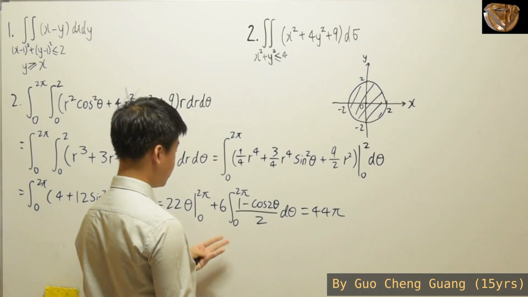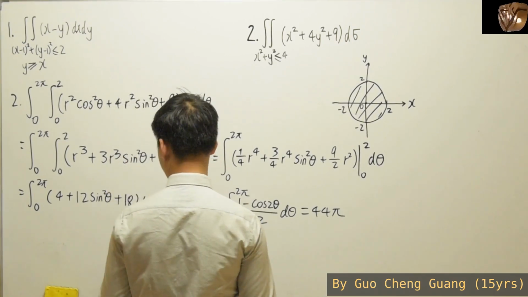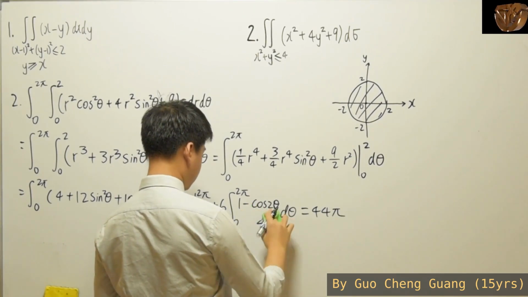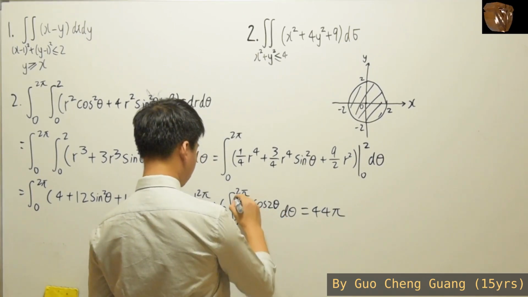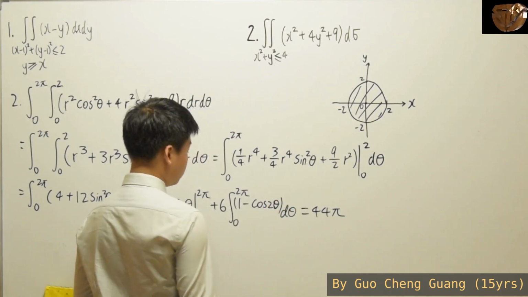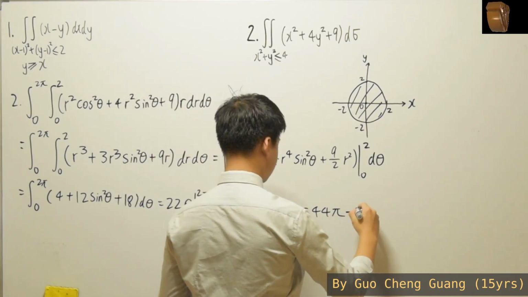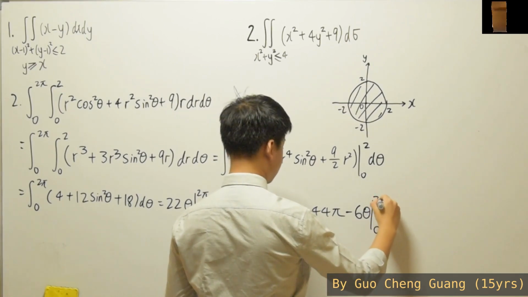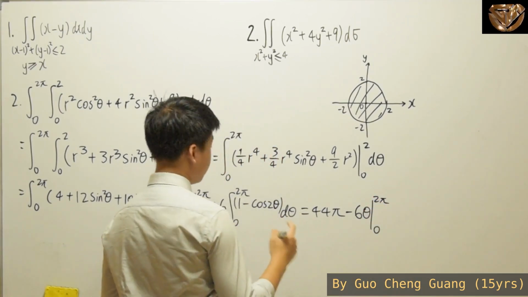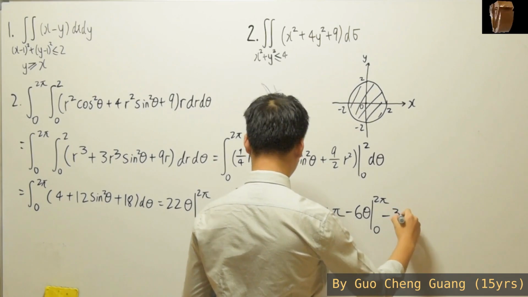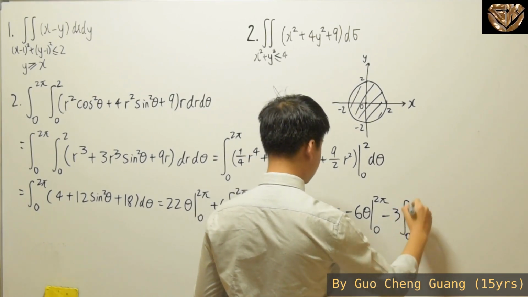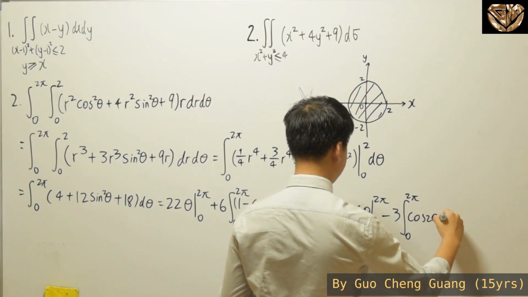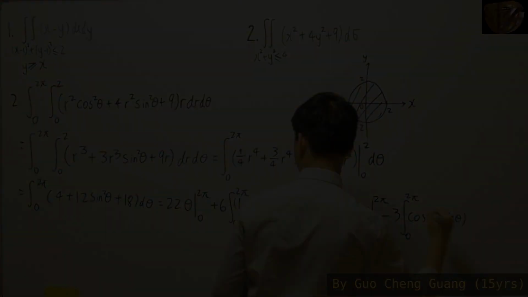While for your second term, whoops, here you already have divided by 2, so you don't need to divide by 2 again, sorry. Right, so you're going to have plus 6 theta, substitute in the value 0 and 2 pi. And then minus 3, integrate from 0 to 2 pi, cosine 2 theta, d 2 theta.